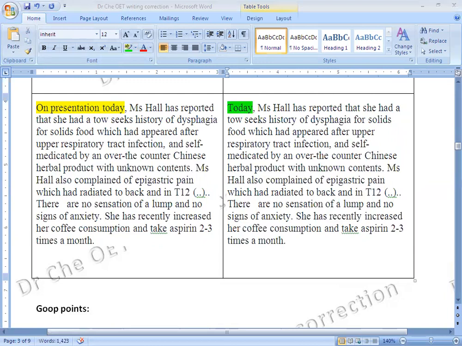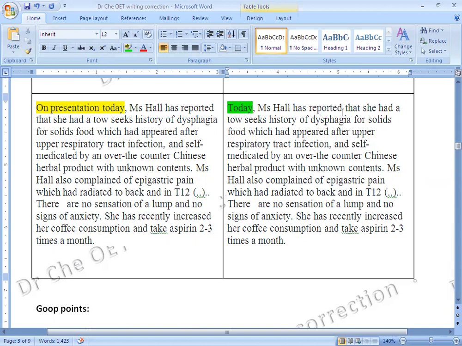As this is a single visit letter, there is no need of chronological order of importance. So, on presentation today, we can simply write today.